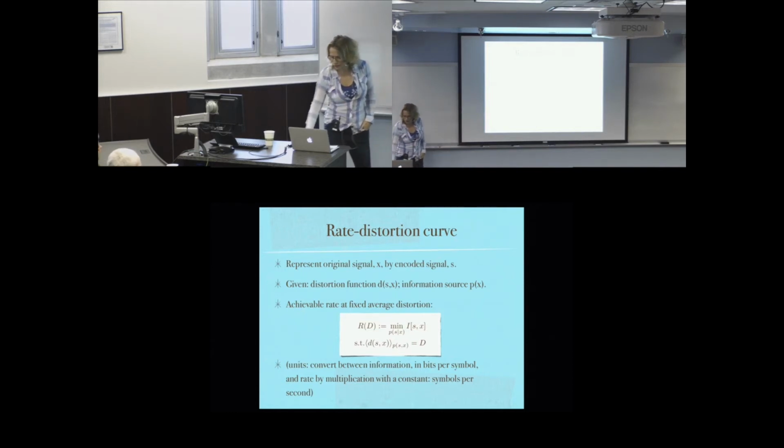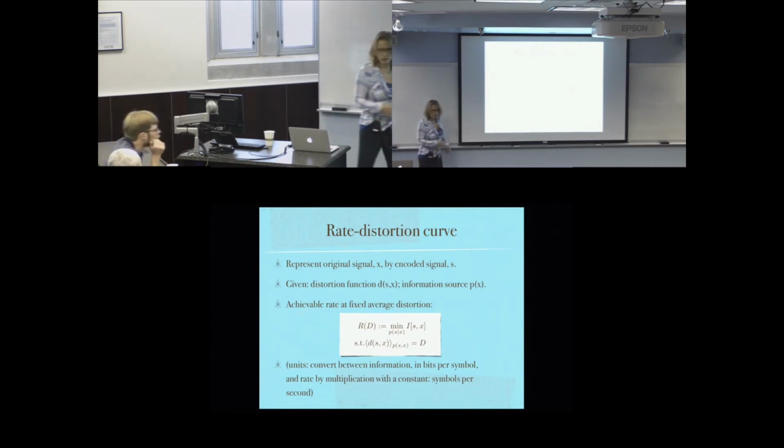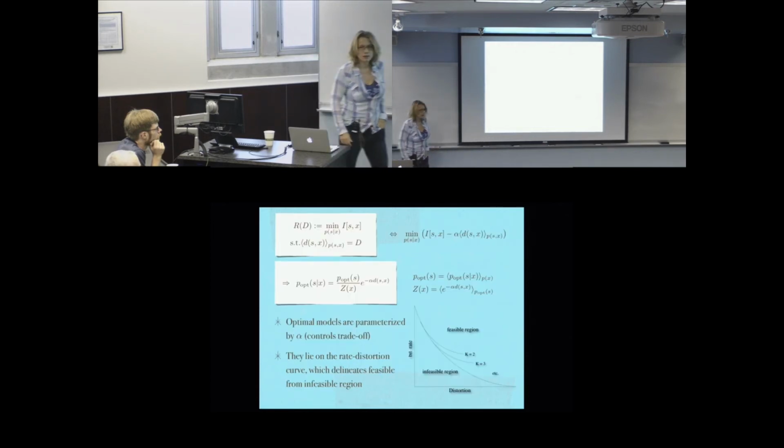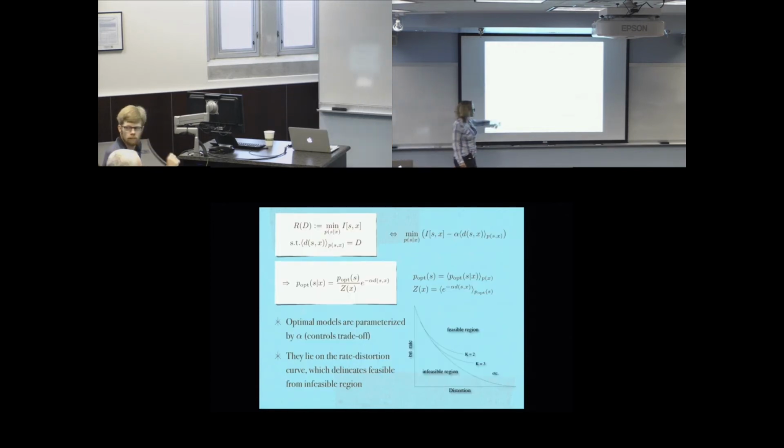Here, what I'm going to show you in the next slide is simply that you can compute the rate distortion curve, and it just delineates the achievable from the infeasible region. So you have a line here on which these optimal models lie, and you know that you can't do better than that. That's all. But the coding guys, they're interested in actually making code.